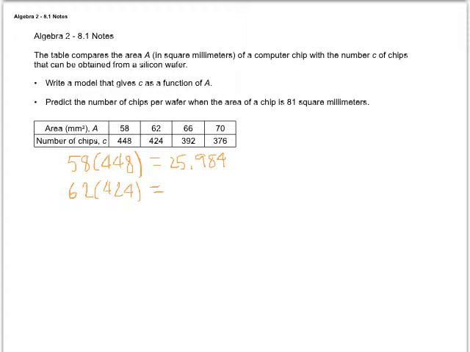And so that's going to be 62 times 424, which is 26,288. And then if I look at the next one, the area of my chip grows again. In my silicon wafer, the size is not changing, so the number of chips I can get is decreasing each time, and the product is now going to be 25,872.